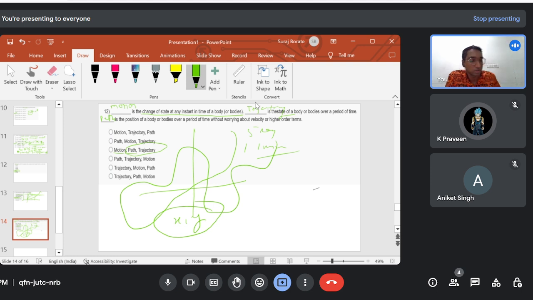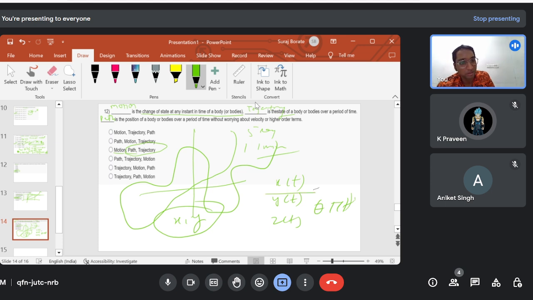But trajectory means x of time, y of time, and z of time or theta of time. It is where the time evolution of the path is given, where the velocity and acceleration and jerk and all the derivatives become important. So that is trajectory.